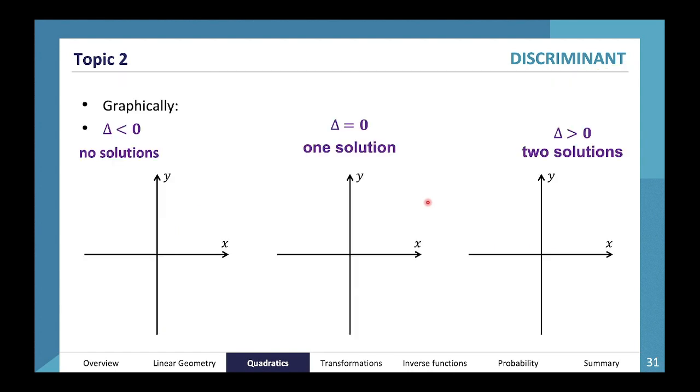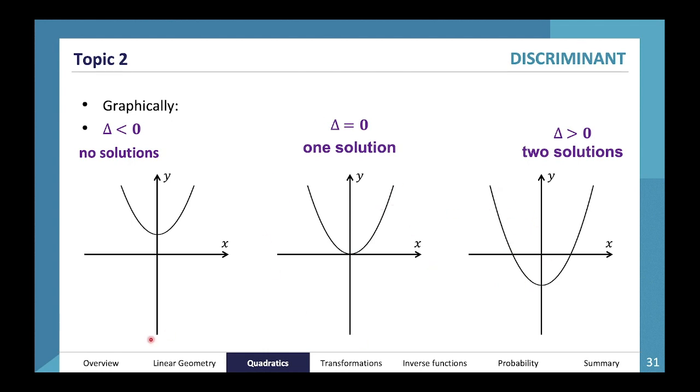All right, so what does this look like graphically? If we have no solutions, it's just not going to touch the x-axis. If it has one solution, it'll touch the x-axis once, and that generally means there's a turning point. And if it has two solutions, then it'll look like a normal quadratic with the two solutions there.